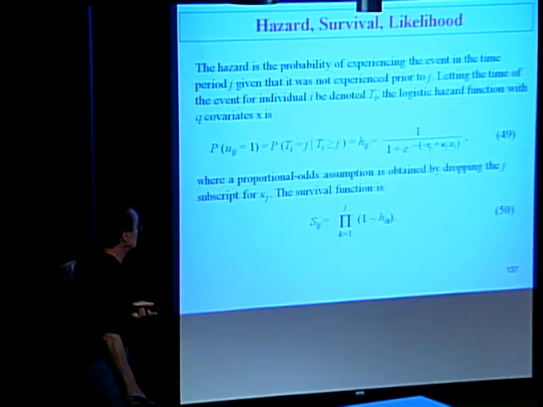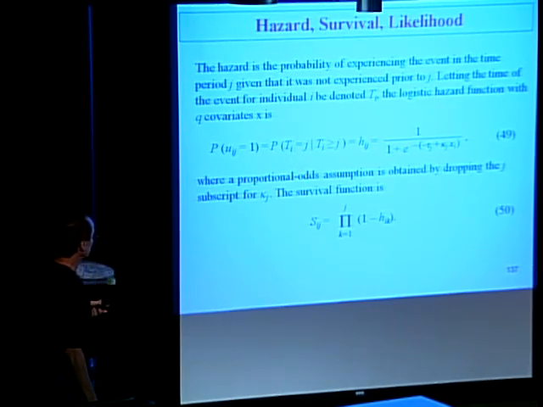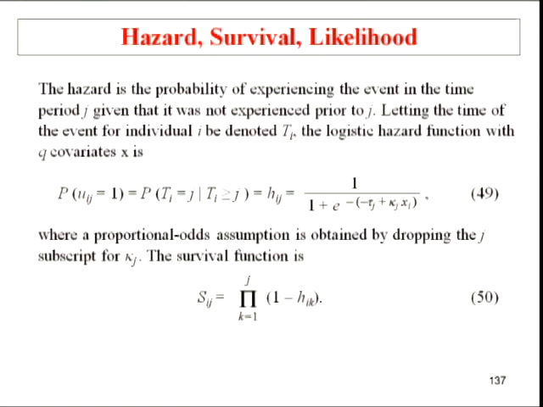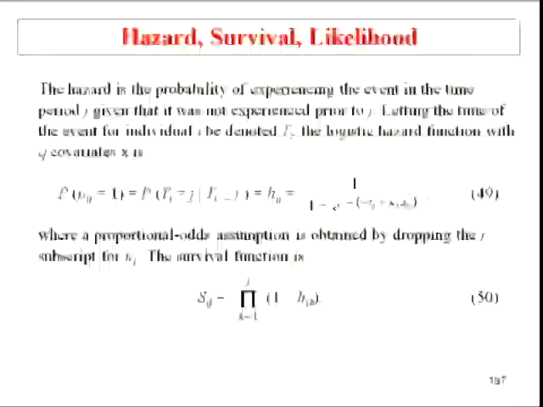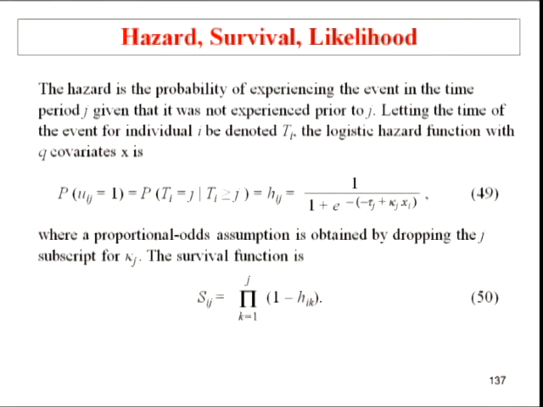Now, for these models, you define the probability that the event occurs at time period j as a hazard, which, as you recognize, is 1 over 1 plus e to the power of something. This is the logistic regression model, where you have a linear logit sitting in parentheses, with a slope kappa multiplying x and an intercept which we refer to as a threshold for a categorical item.